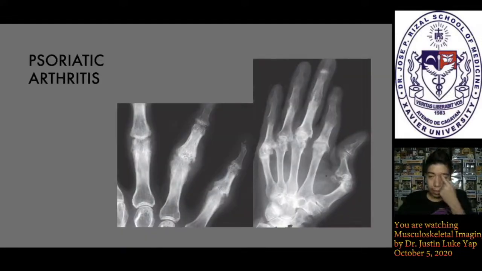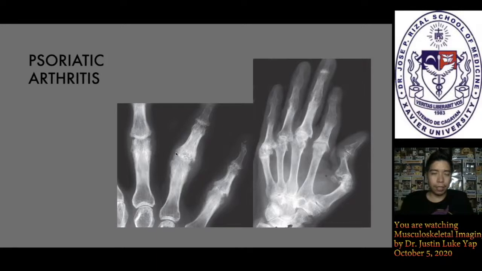For psoriatic arthritis, patients will develop what we call proliferative erosions. So again, these are erosive changes which are somehow mixed with periosteal reactions. So it's very much irregular.